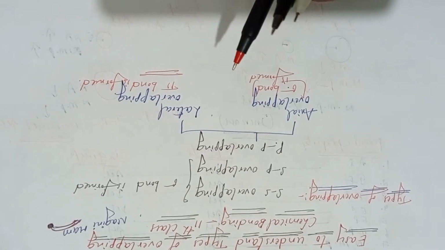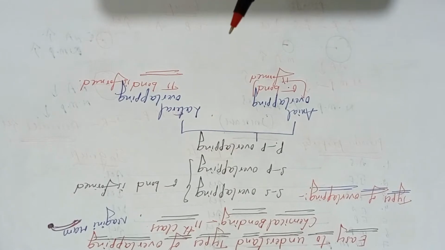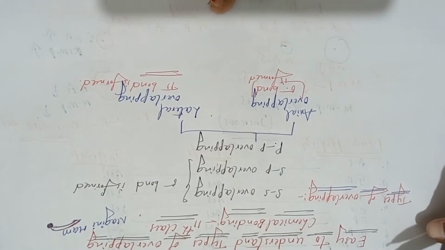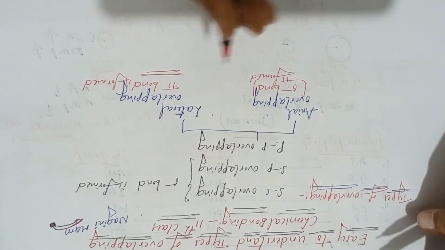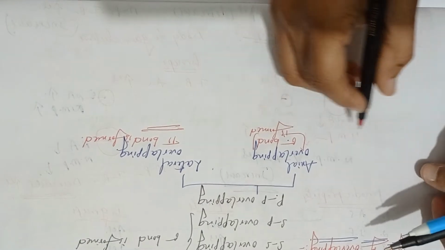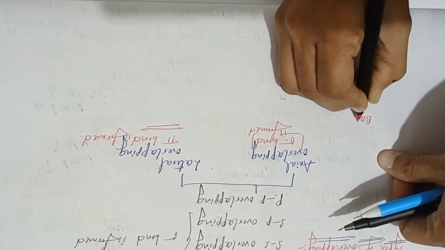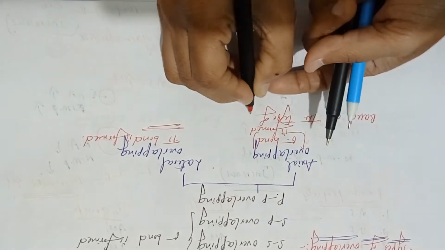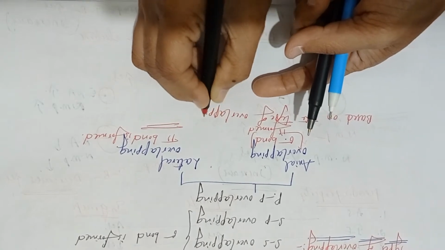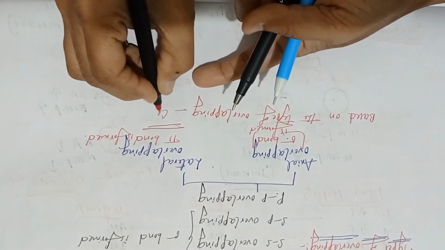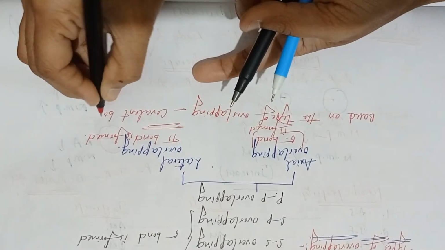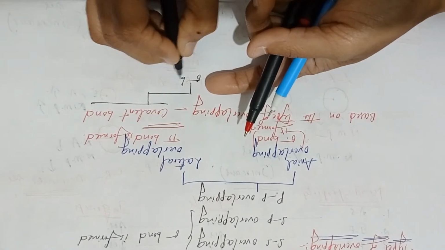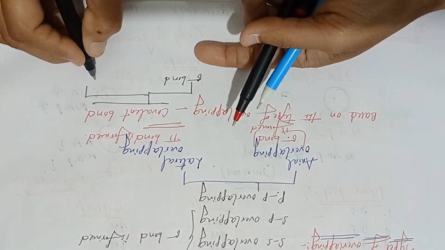What are the two types? Sigma bond and pi bond.